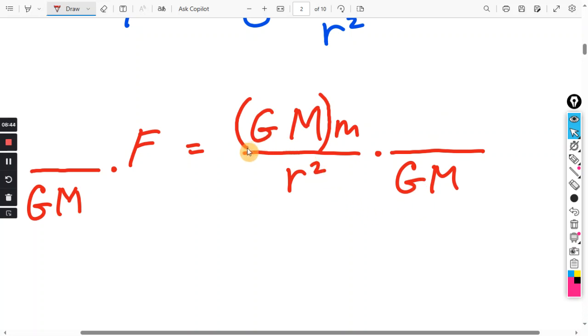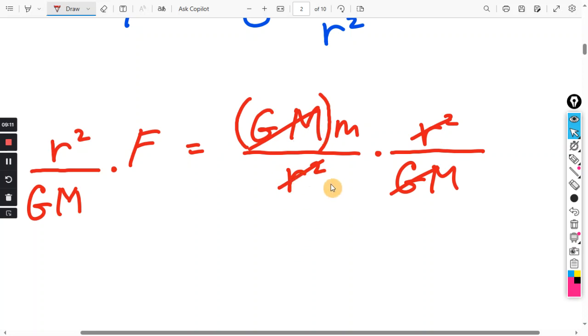All right, GM divided by GM cancels, and we're left with m divided by r squared. The opposite of divided by r squared is times r squared. We're going to do that to both sides. R squared divided by r squared cancels. So notice we just multiplied by the reciprocal. We had GM over r squared. We multiplied by r squared over GM. I just took the reciprocal.